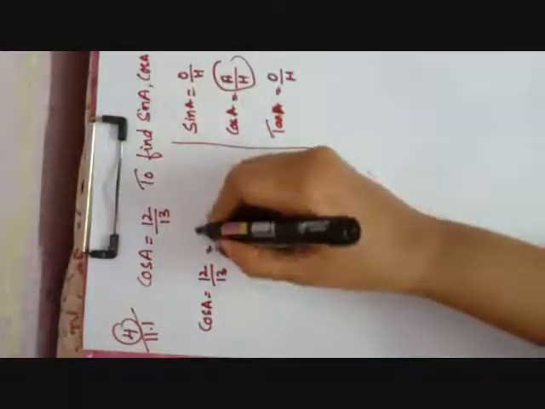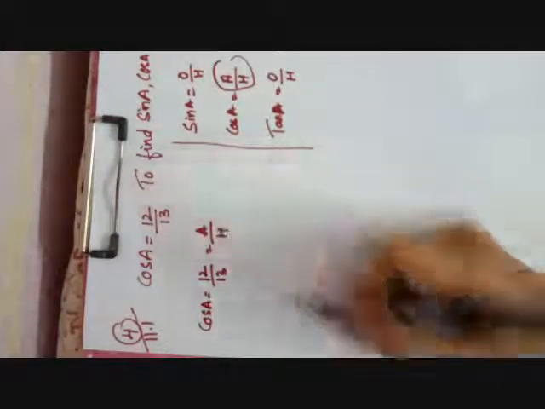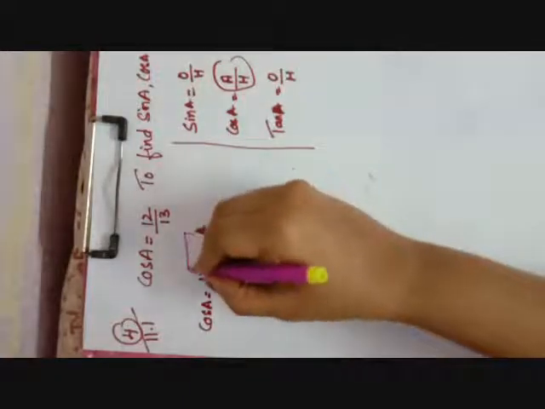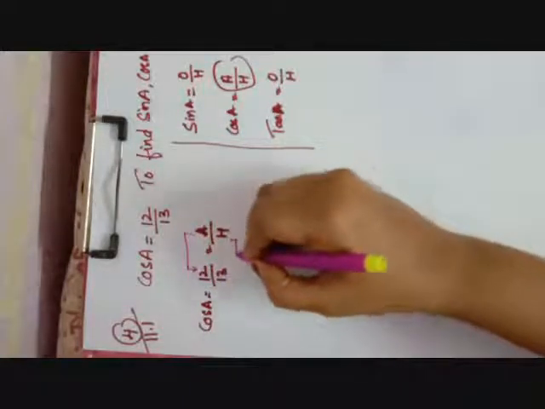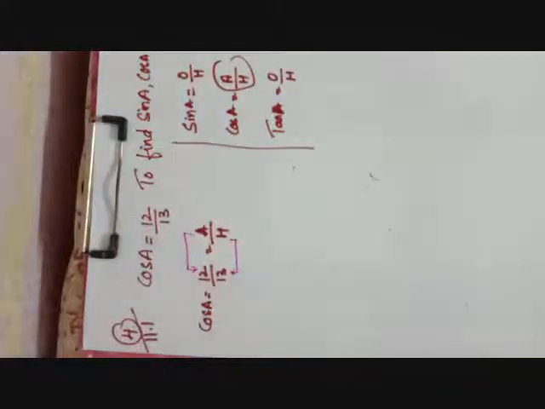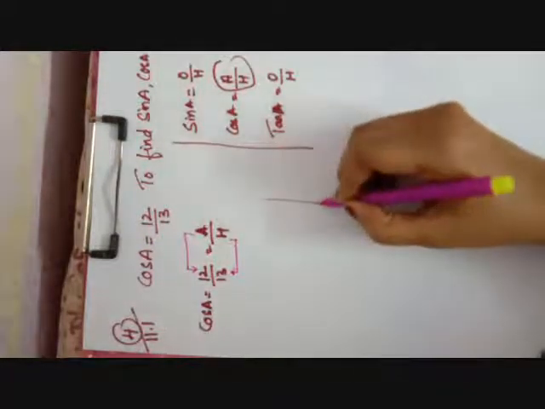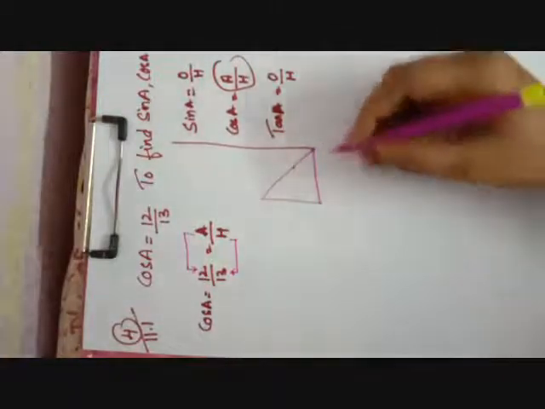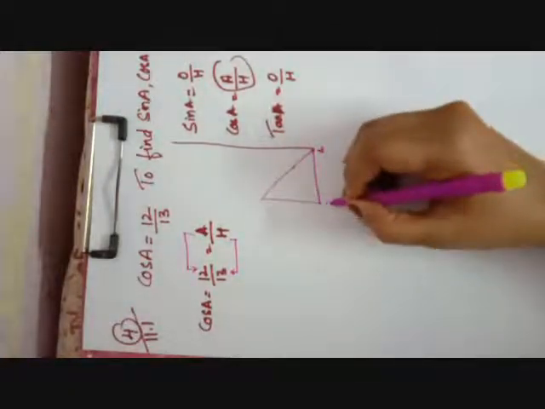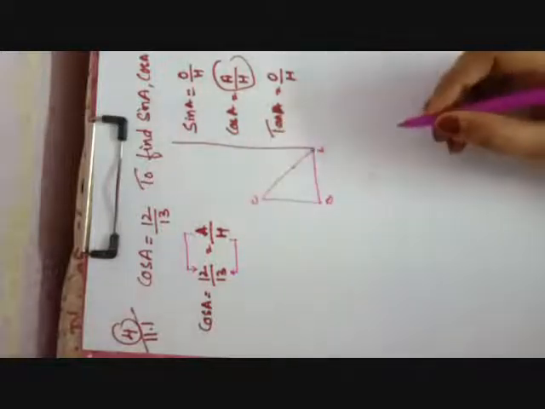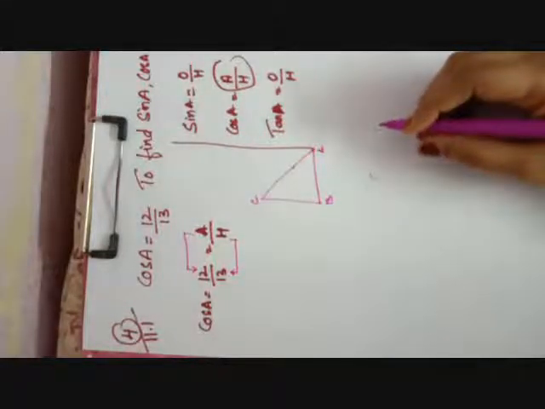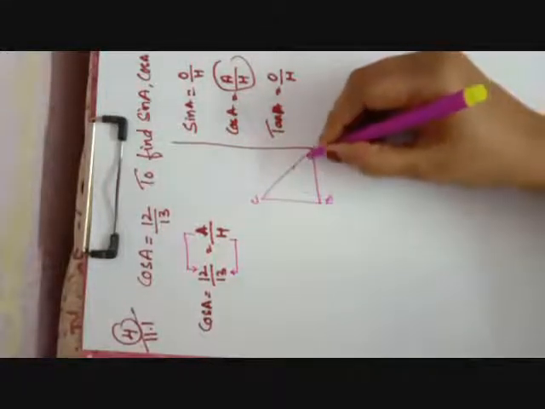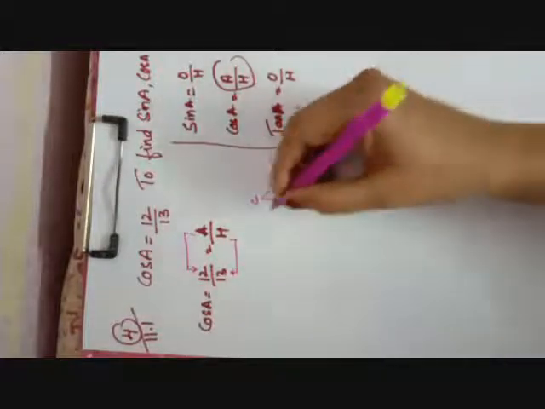A by H. Now your adjacent is 12 and the hypotenuse is 13. Draw the figure. In trigonometry, the figure is very, very important. Without this, you can't do the problem. A, B, C. Cos A, so we are going to consider angle A. The side opposite to angle A is BC.